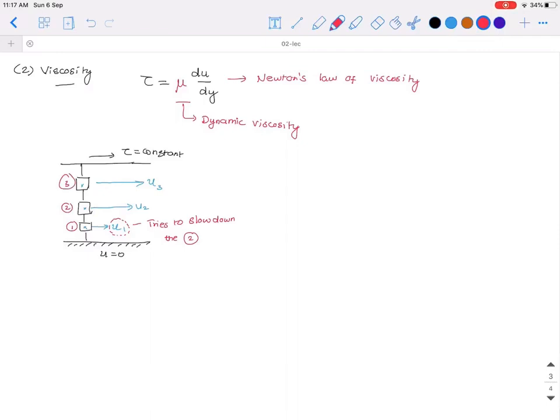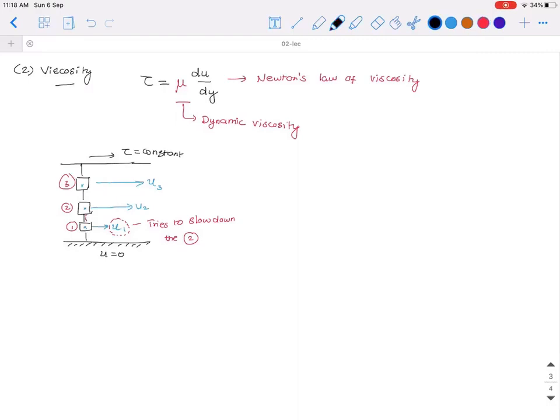Let us number these 1, 2 and 3. So particle 1 tries to slow down particle number 2. Okay, that is due to the intermolecular attractive forces between these two particles, and it is also due to collisions. Okay, so there is a friction or internal fluid force that offers resistance to the relative motion of layers of fluid, right? And viscosity is a measure of this internal resistance force.